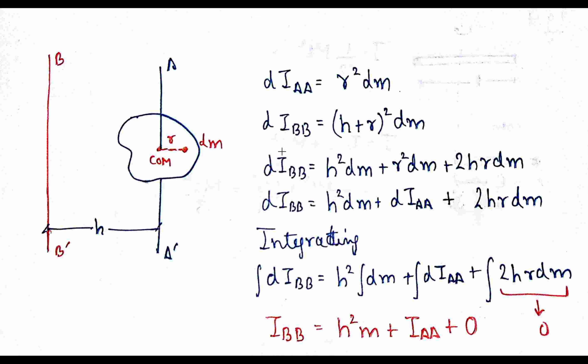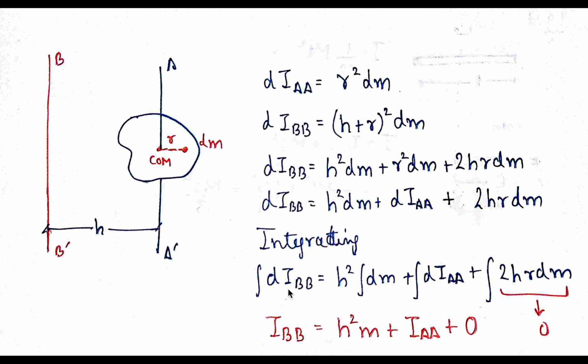Similarly, the moment of inertia of this elemental particle about the B B dash axis will be given by the total distance from the B B dash axis, that is h plus r, whole square, into dm.